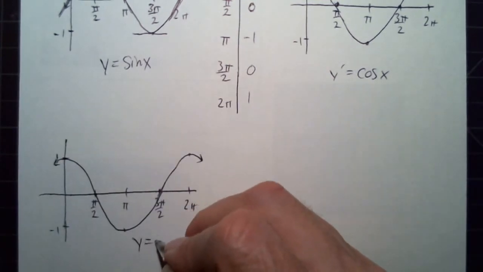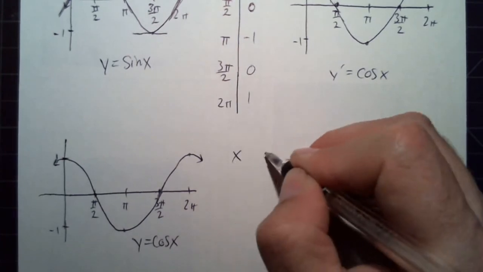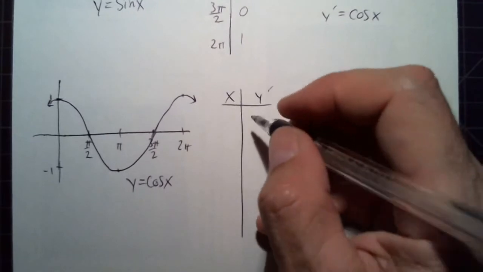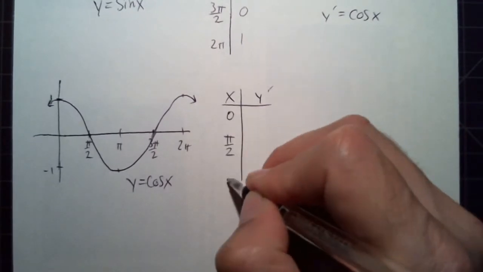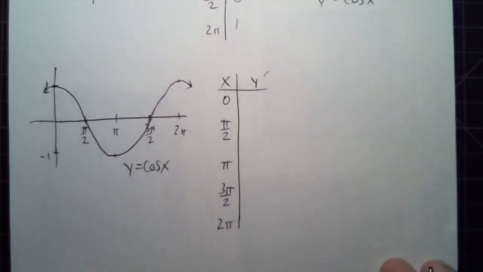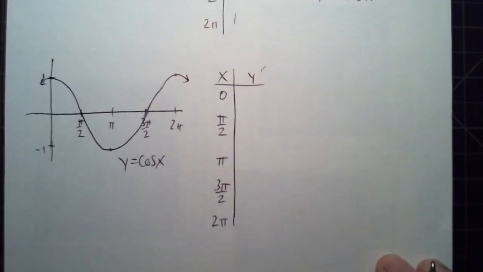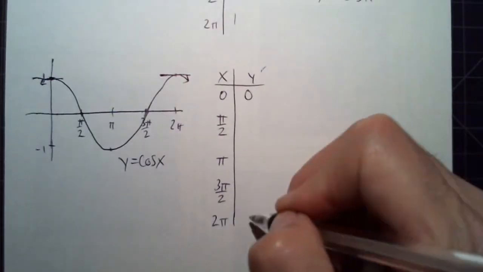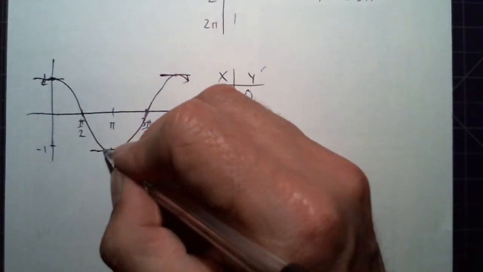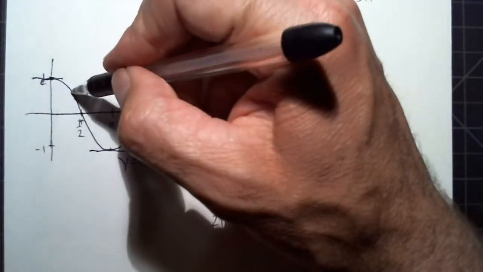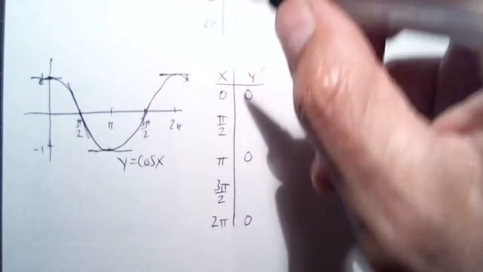So this is cosine x, and we want to look for the values of the derivatives. Go ahead and pause the video, try that one on your own. Now we have 0 slopes at 0 and 2 pi, also at pi, and at pi over 2 that looks like it could be a -1.